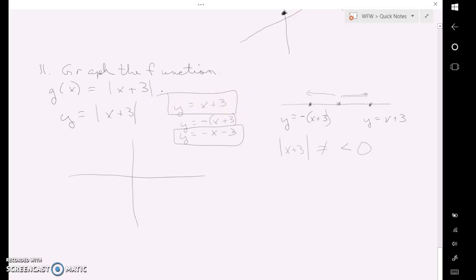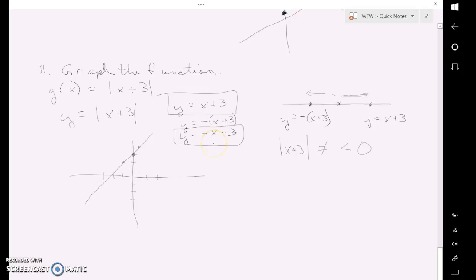So y equals x plus 3. The slope is 1. Y equals mx plus b, m is 1. And for y equals x plus 3, it crosses the y-axis when y is 3. So we go up 1 and over 1, and maybe we'll plot a point that way too, and we're going to go ahead and draw a whole line there.